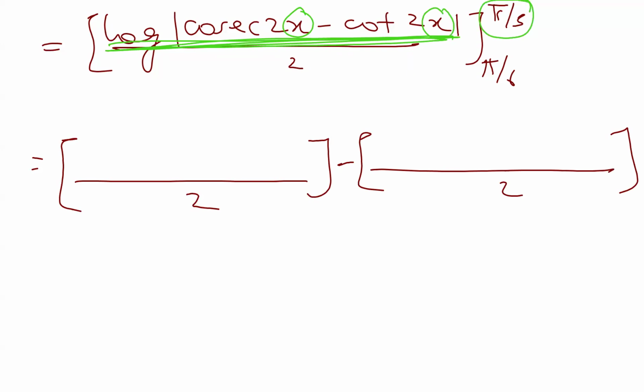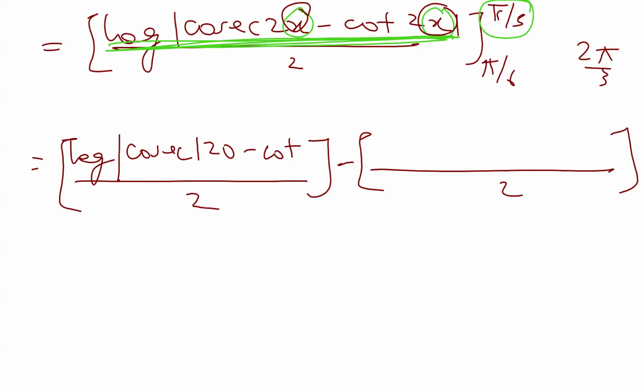So it is going to be log modulus cosec 2 into pi by 3. Put the value of x as pi by 3, that is the upper limit. So 2 into 60, that is 120, minus cot 120.